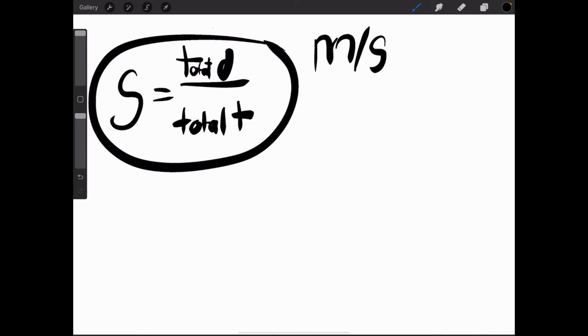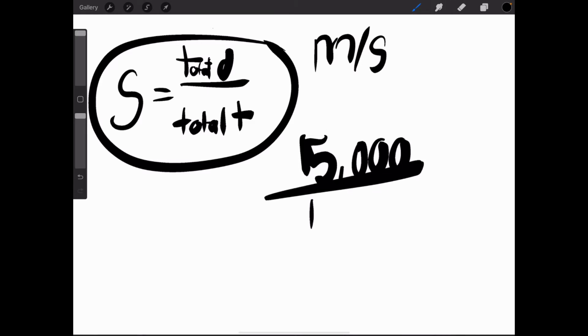But now, let's do our one average speed example. What is the average speed for a car that drives 15,000 meters in 418 seconds? So the total distance is 15,000 and the total time is 418.